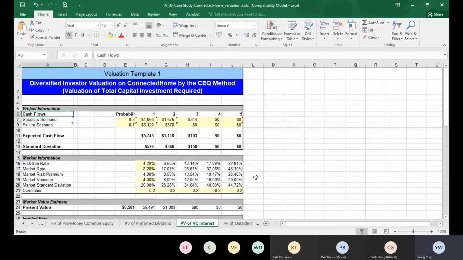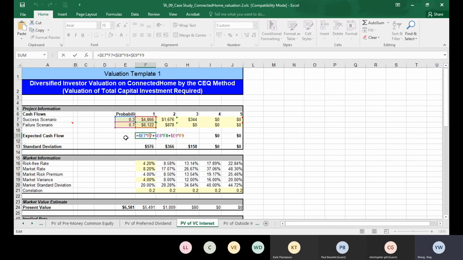So the certainty equivalent method, what they do, you see here, they now consider the probability. That means how likely it will be success, how likely it will fail. Then they focus on the cash flow and calculate expected cash flow. It is more like a portfolio method, considering success or failure probability and calculating them together to get the expected cash flow.